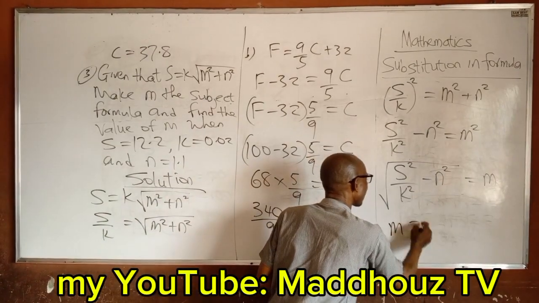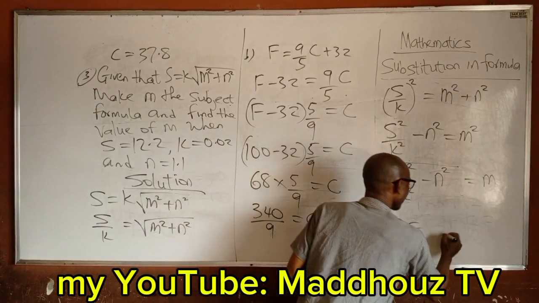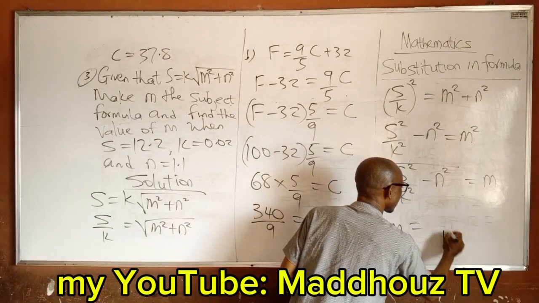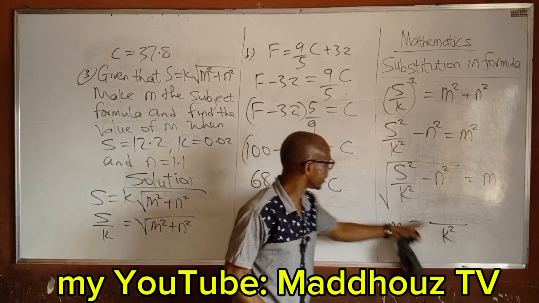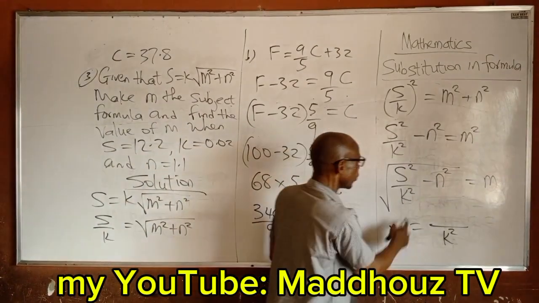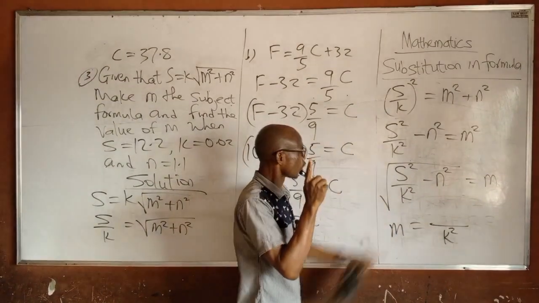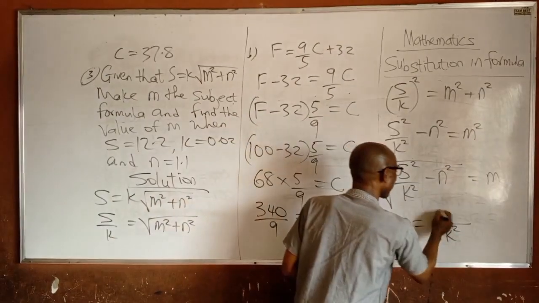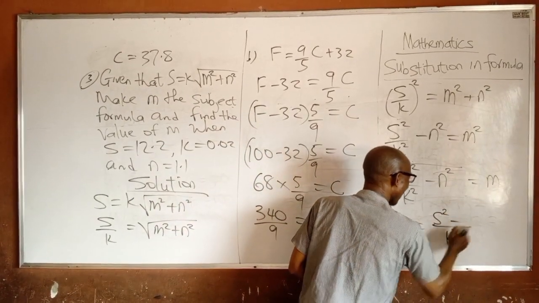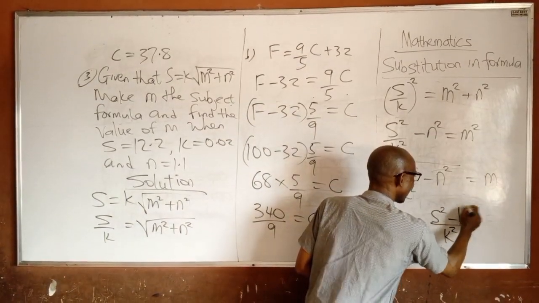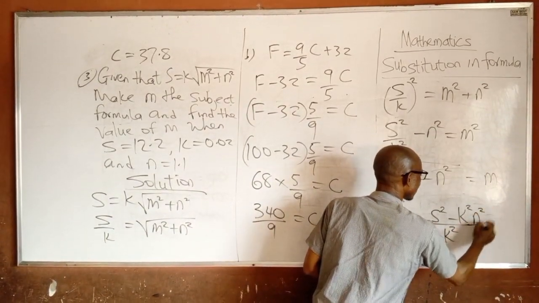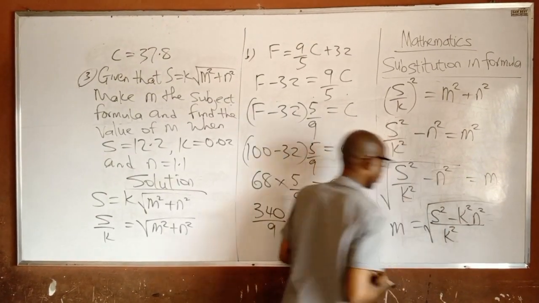Now, our m can be written as, the LCM is k square. k square divided by k square will give us 1. So 1 times x squared, there we have x squared, minus k square n square, all in square root.